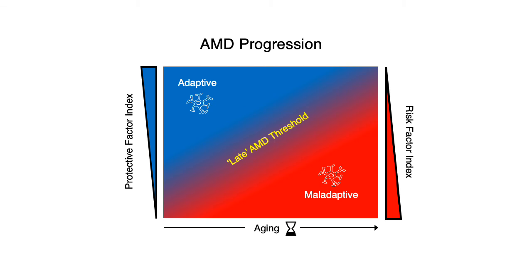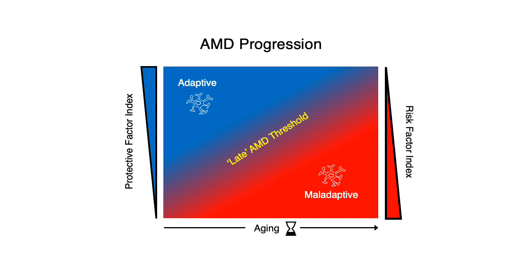So what you can see, an individual with high protective factor index can remain free of late AMD progression for the totality of their lives, whereas an individual with high risk factor index may succumb to late stage AMD quite early on in life.